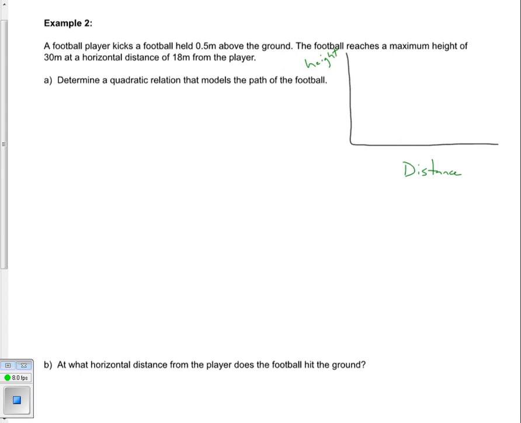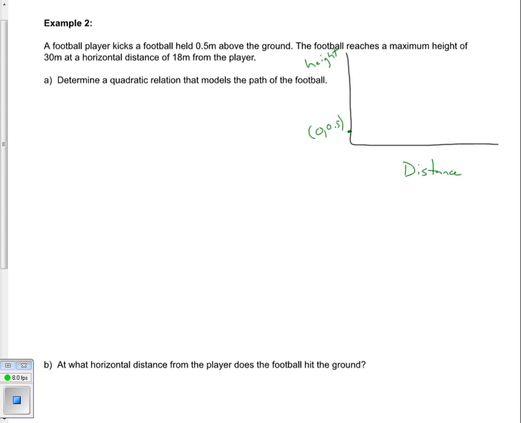We know that the ball starts at 0.5 meters above the ground. So this point is 0.5. So it's traveled 0 meters away from the punter at the time of the kick.